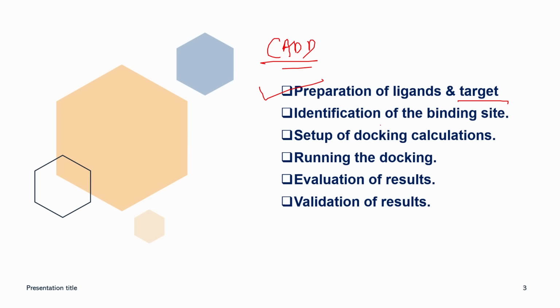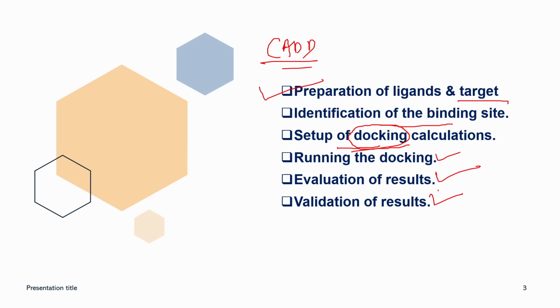In the second step, we have to identify the binding site, not the target site. Then we perform the in silico analysis, which is also known as molecular docking. Then we find out the results. We perform the docking, find out the result, then we evaluate and validate with the marketed compounds.